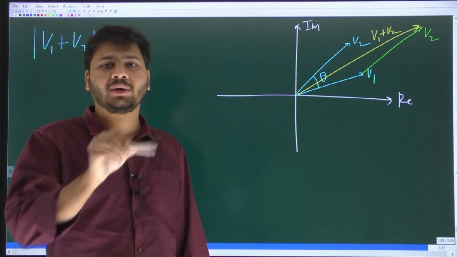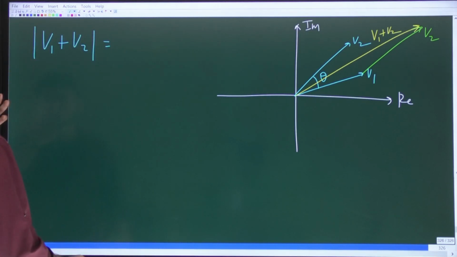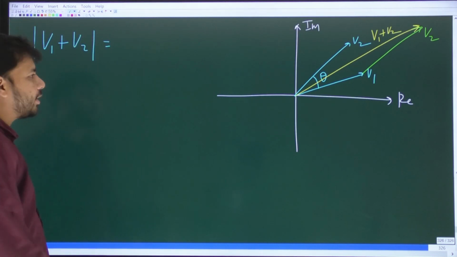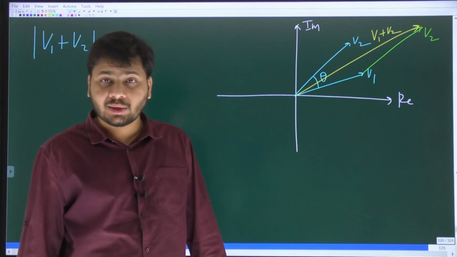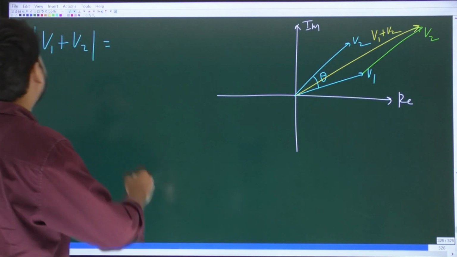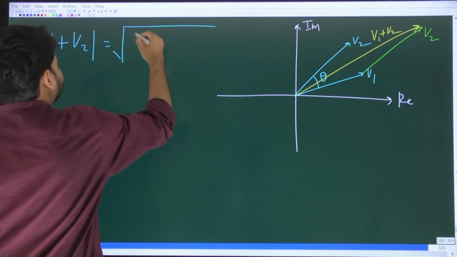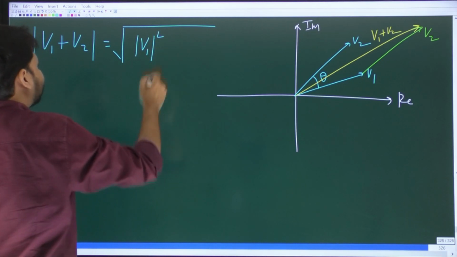Anyway, so how do you find the magnitude of the resultant phasor when you add V1 and V2? It is equal to the square root of mod V1 square.